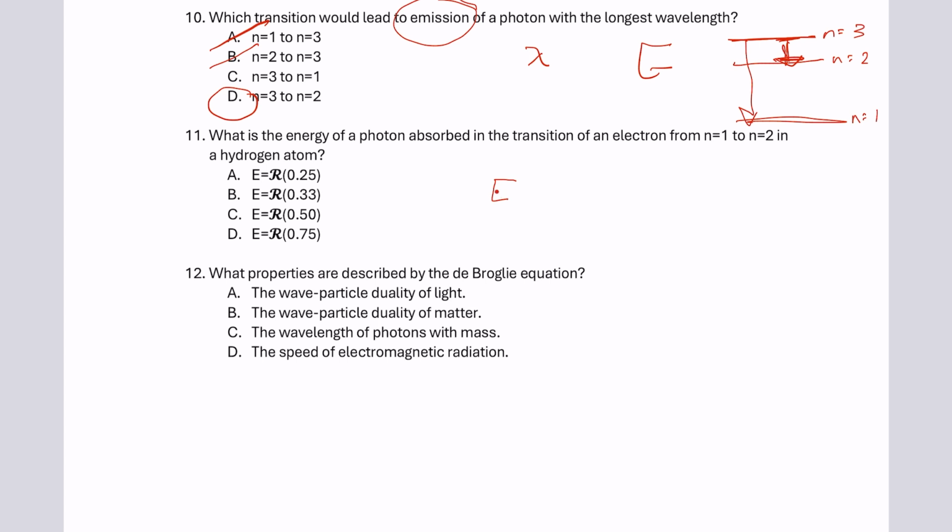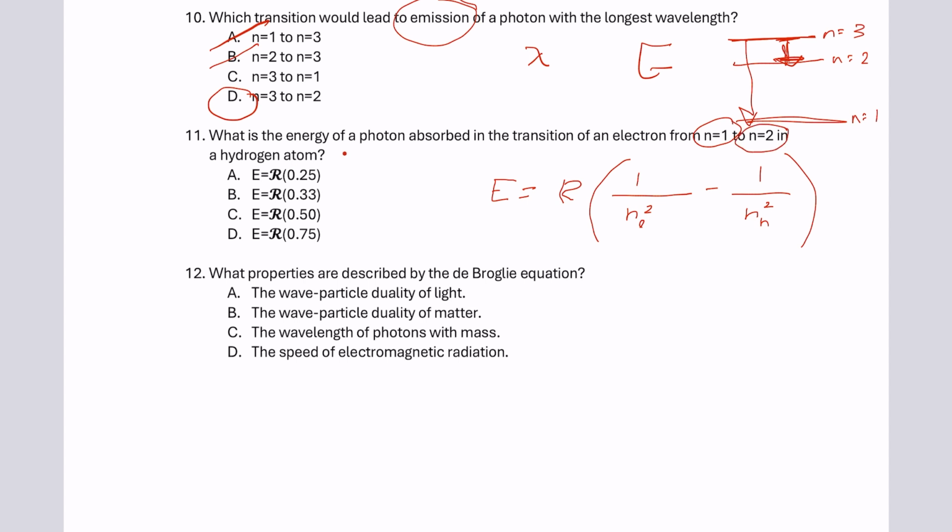The energy is equal to the Rydberg constant multiplied by 1 divided by the lower energy level squared minus 1 over the higher energy level squared. Our lower energy level is 1 and our higher energy level is 2.